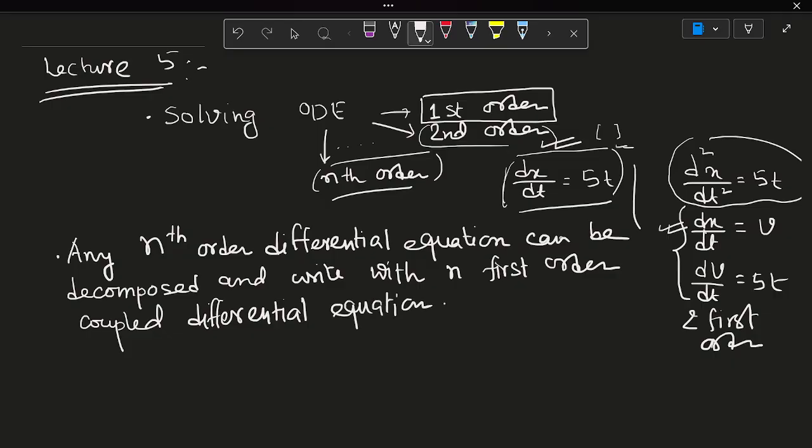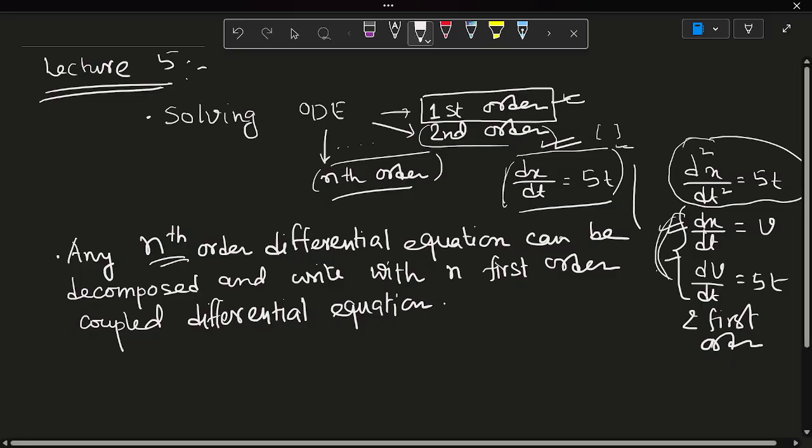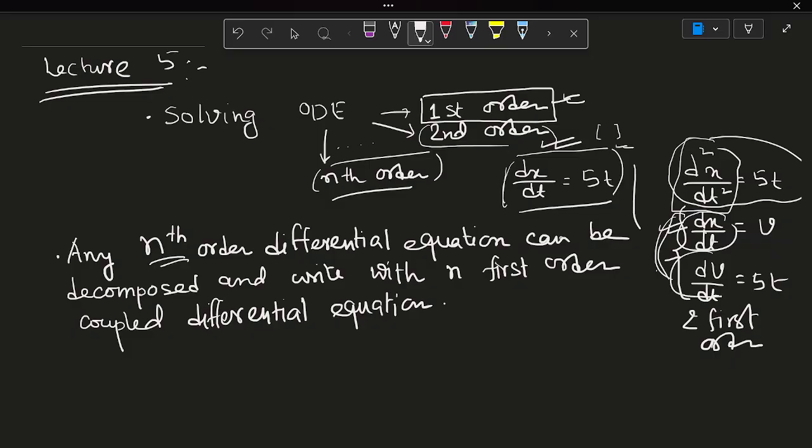We will go into this in more detail later, but let me motivate you why you should learn the first order equation correctly. Any nth order equation can be decomposed into n first order ones. A second order differential equation can be decomposed into two first order differential equations, and these are coupled.